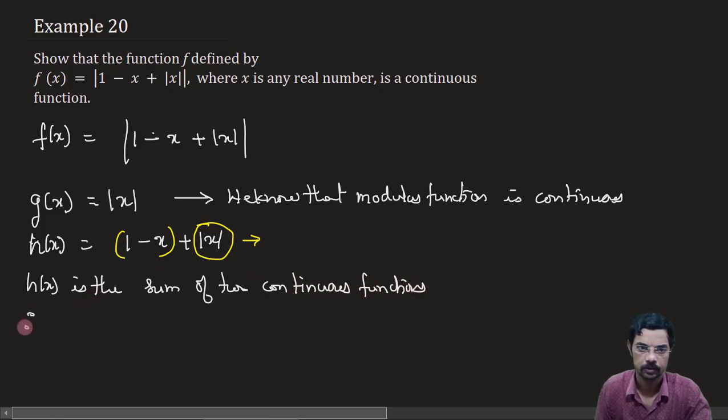Therefore h of x is also continuous. Now f of x is nothing else but g of h of x.